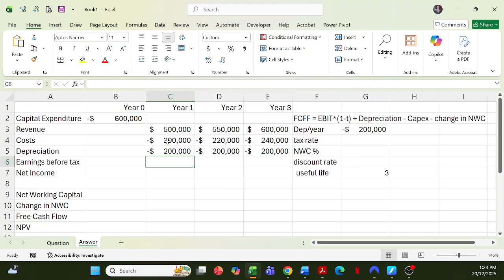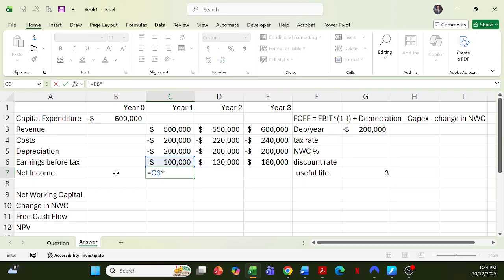So let's calculate our earnings before tax. It's simply going to be 500K minus the 400,000. So I can use the sum function here, alt equals, to calculate the earnings before tax for each year. Now the net income is simply the earnings before tax minus tax, or we could simply say 100,000 into 1 minus the tax rate.